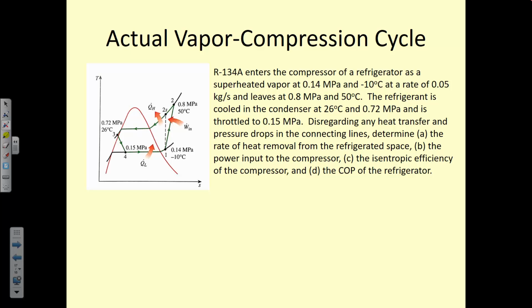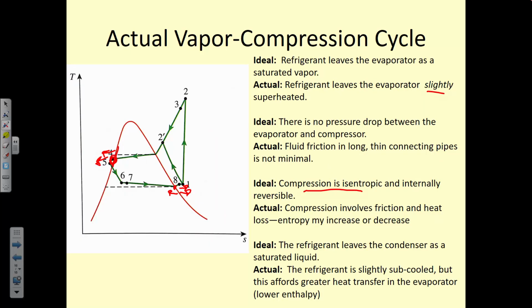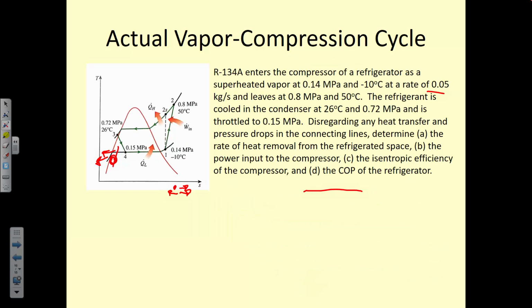So let's do an example. And I love how they go through and they talk about the actual case, that there's all these losses and there's 8 different states. And then we say, well, we're still going to idealize the actual case because it's too complicated and difficult to analyze all the heat loss in the pipes and the pressure drops in the condenser and all of this stuff. So it's an idealized actual case, but it's less ideal than the fully ideal case as we're looking at it.